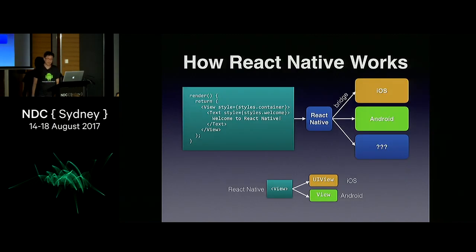So this is how it works behind the scene. React Native basically takes your code, and then it bridges your code to the respective platform. At this moment, you have support for iOS and support for Android, but what I recently read was that some other companies have actually agreed to support React Native.